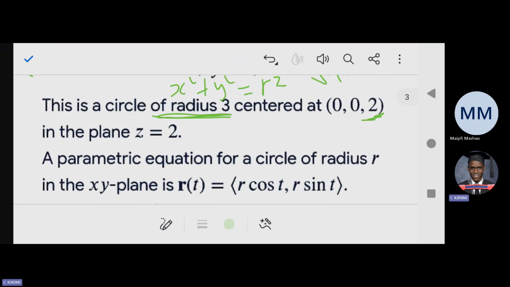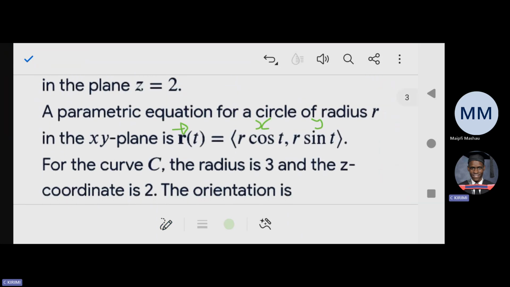All right. So any parametric equation for a circle of radius r in the xy plane: R of t as a vector. Remember that r in bold is a vector. The x coordinate of r of t and the y coordinate of r of t is given by r cos t for x, and r sin t for y.